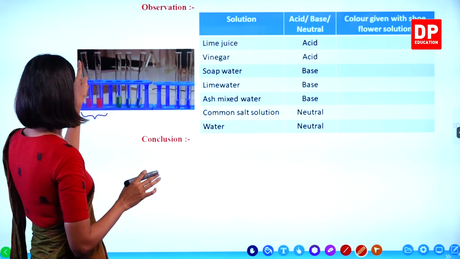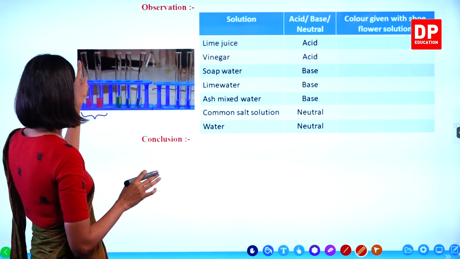I will write the first two test tubes, acids, and here bases, and these two neutral substances. Simply write neutral. So what was the color change, children? Now you all can do this activity at home very easily.